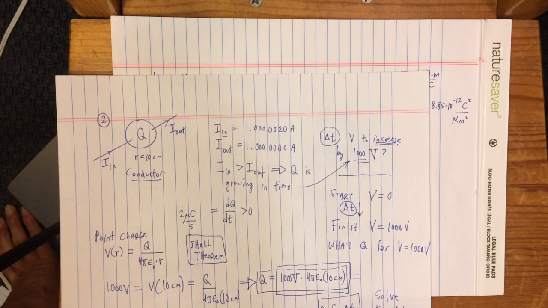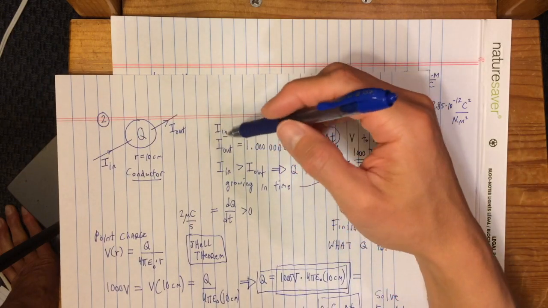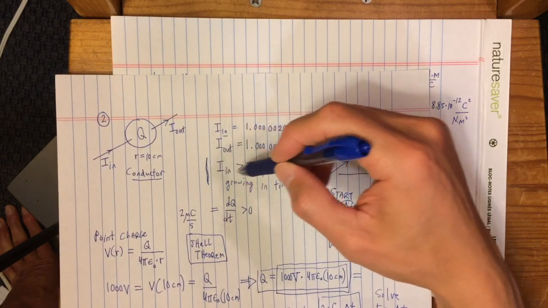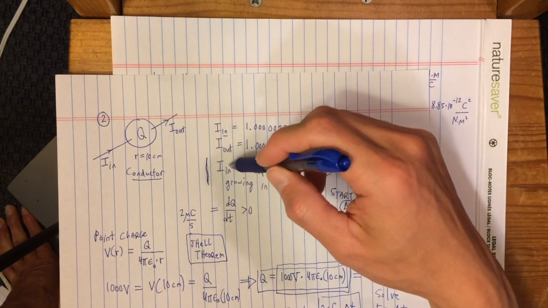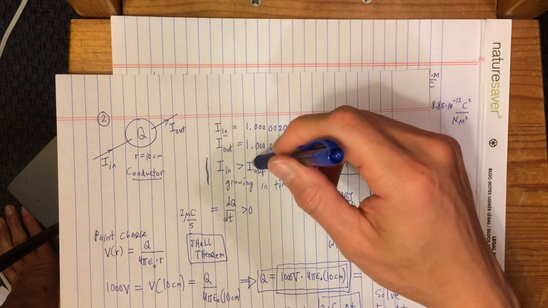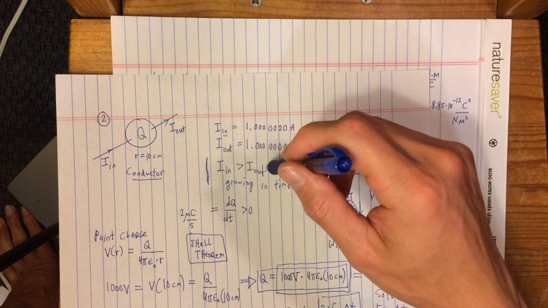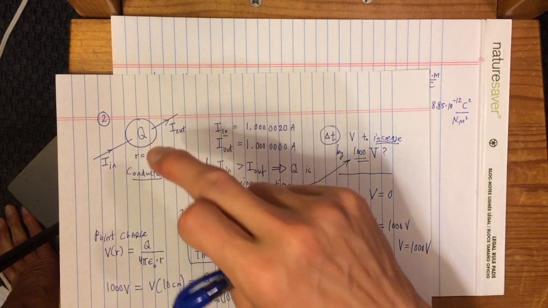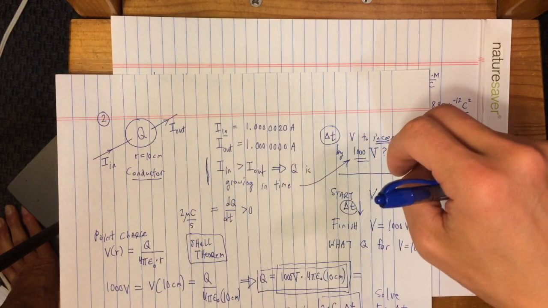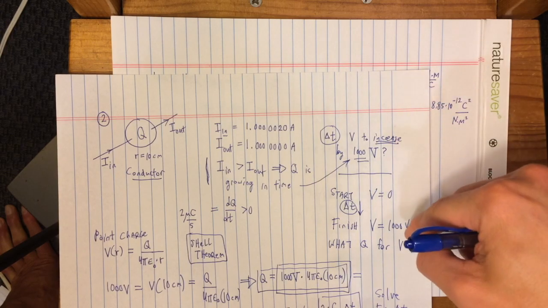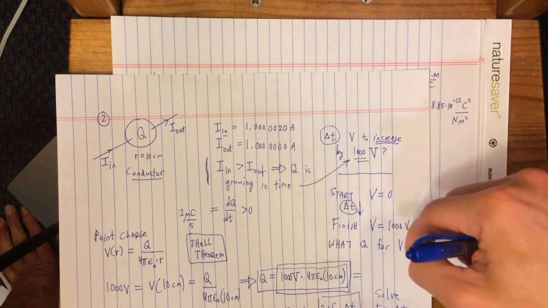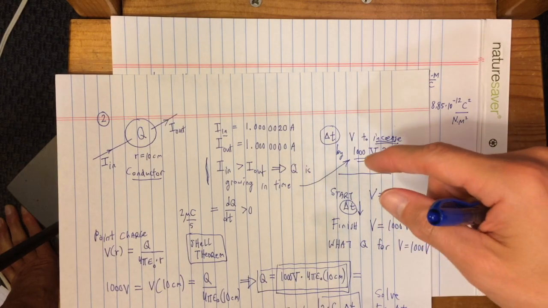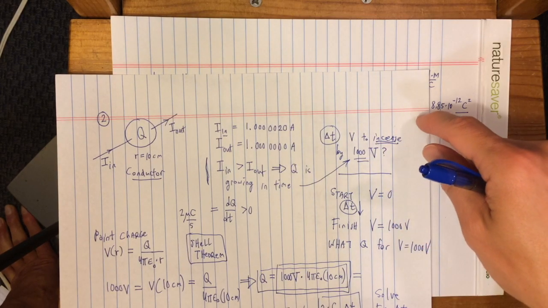What can I learn from this problem? This is kind of a neat thing right here, that the charge was collecting because the current going into the object was bigger than the current leaving the object. If the tables returned, then we would watch the charge on this thing decrease, and the voltage would decrease instead, not grow up to 1,000 from 0, but maybe decrease down to negative 1,000 volts from 0.